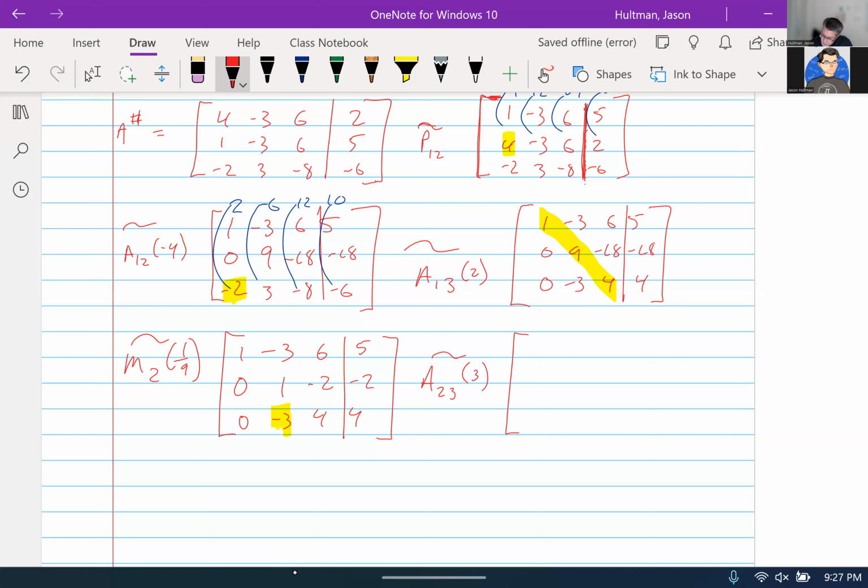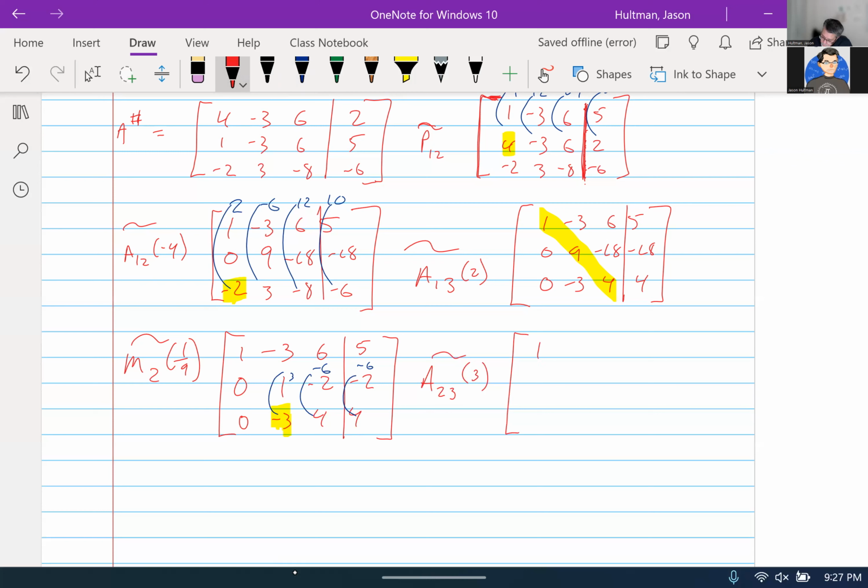So let's do that. That's going to get us 3, -6, and -6. Adding to row 3, we're going to end up with only row 3 changed.